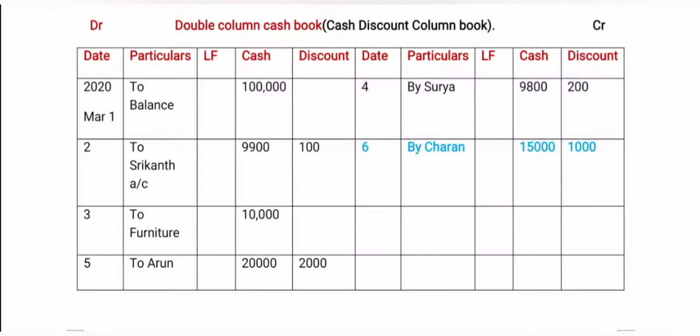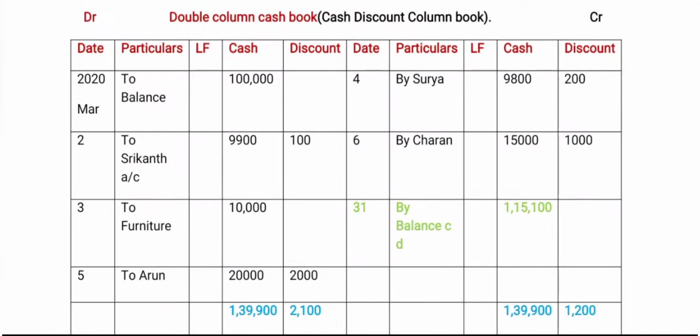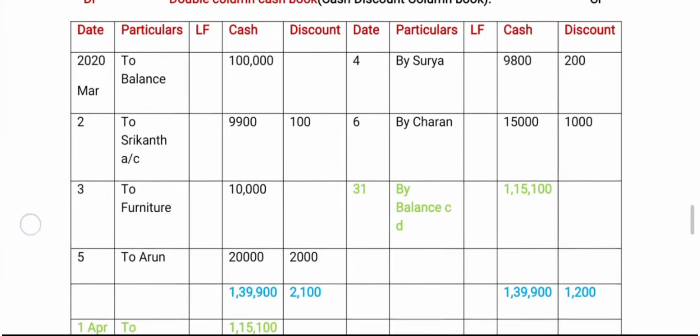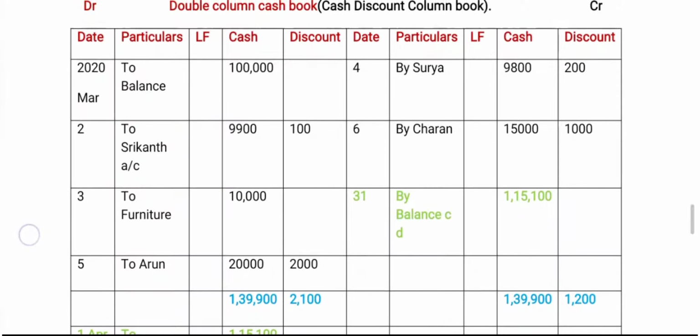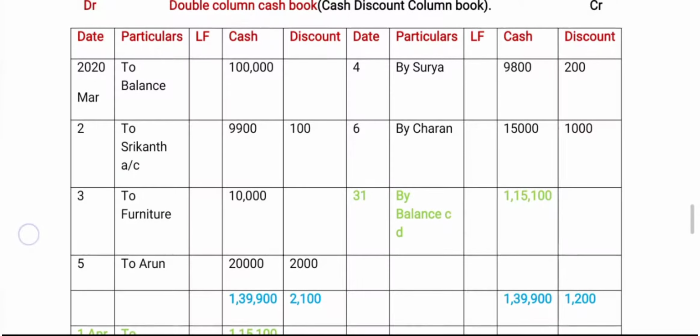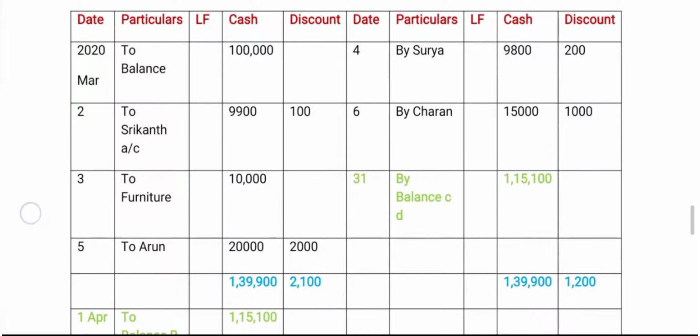We now calculate the balance of both sides. According to the rule, the cash book always shows a debit balance, that's why we calculate the debit side. Now we calculate the debit side cash column: 1 lakh plus 9,900 plus 10,000 plus 20,000, it is equal to 1,39,900 rupees. Now we are coming to the discount column 100 plus 2,000, it is 2,100.